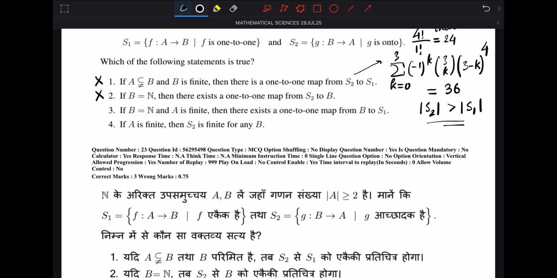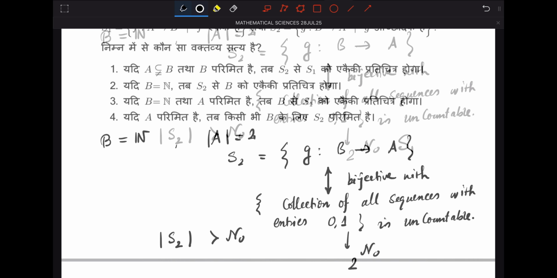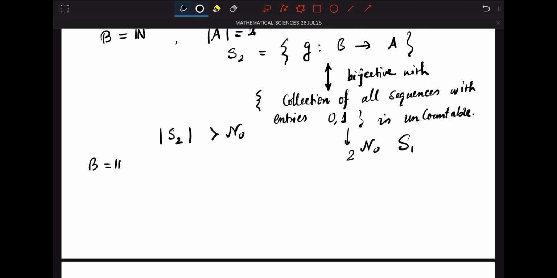For checking 3, let's say B equal to N and A is finite, then there exists a 1-to-1 map from B to S1. Let's say order of A is 2. You can generalize this process by iterating this. So again, for simplicity, let A equal to {1, 2}.